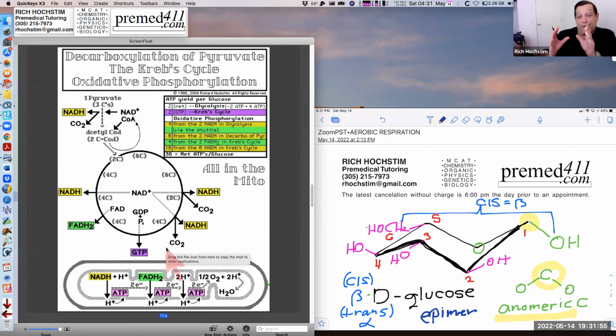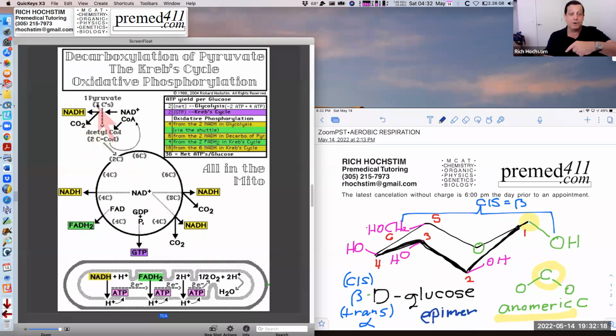Now, that's not so hard to deal with, especially because sometimes they ask about per pyruvate, sometimes they ask about per glucose, so it's easy to work out. So what will happen is we make 1 NADH for this pyruvate, but actually 2 NADH per glucose. And we also have 2 carbon dioxides leave per glucose.